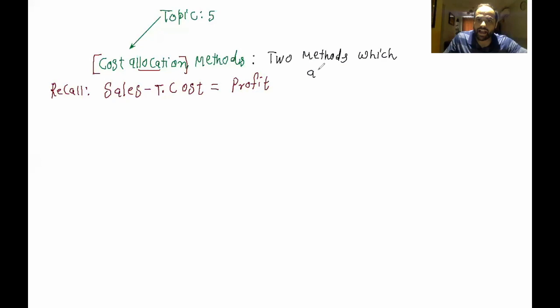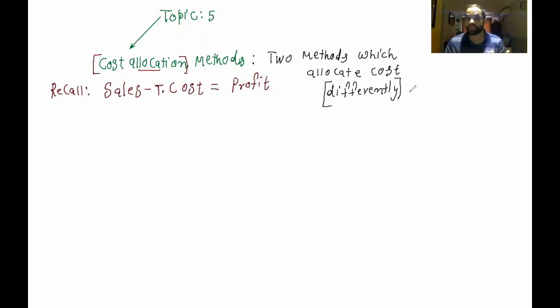Under the cost allocation method, we have 2 methods which allocate cost differently. Why differently? As I said, one, we study by behavior, right? By behavior or by functions? Can you please remind me?